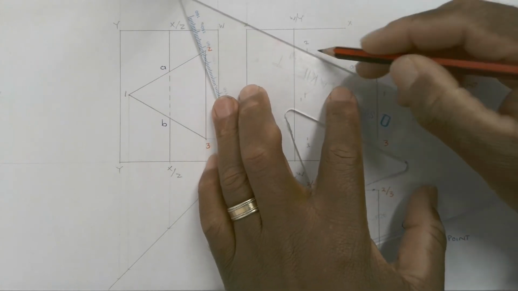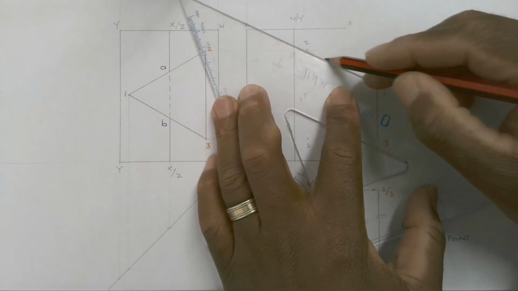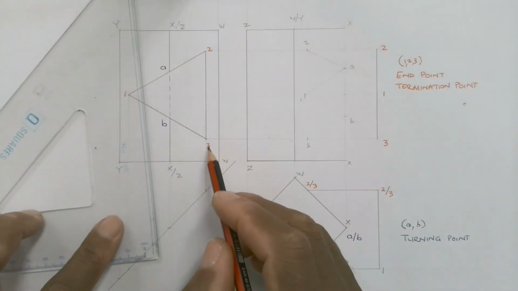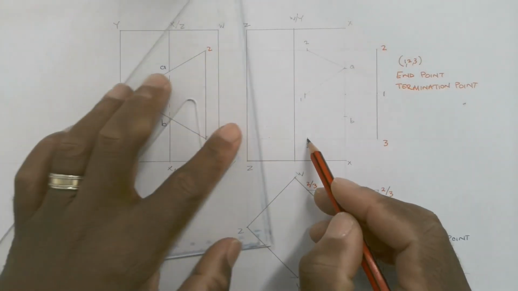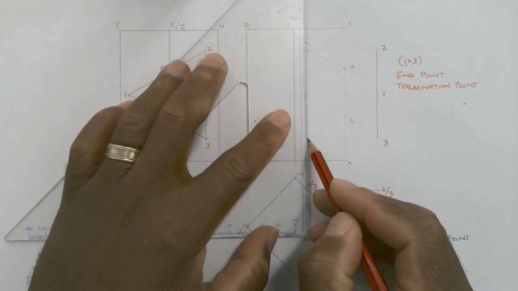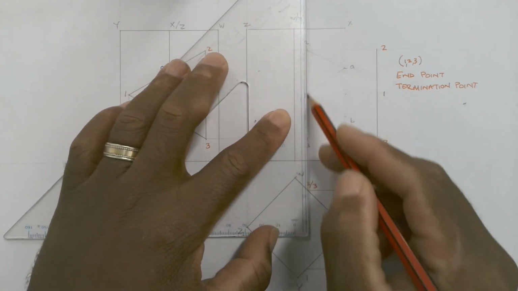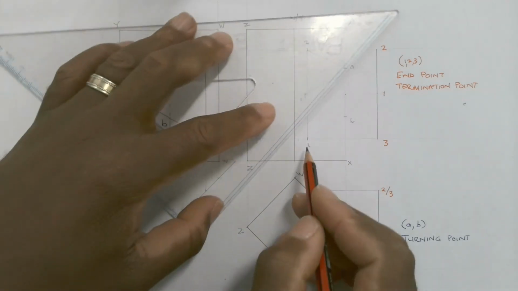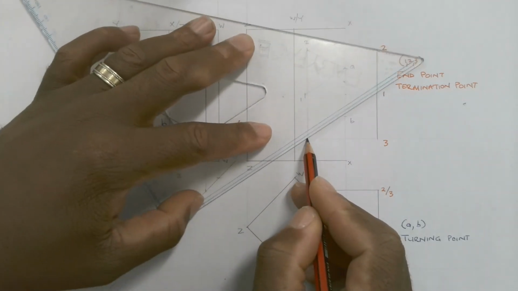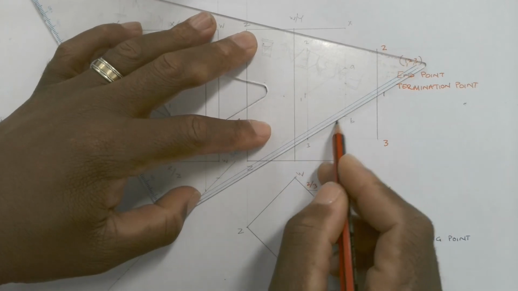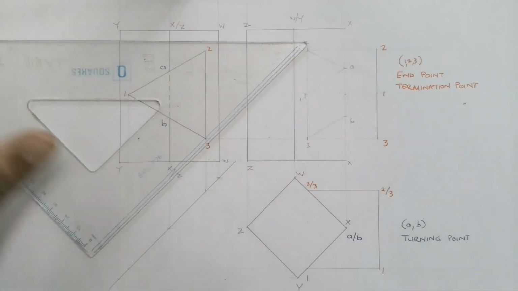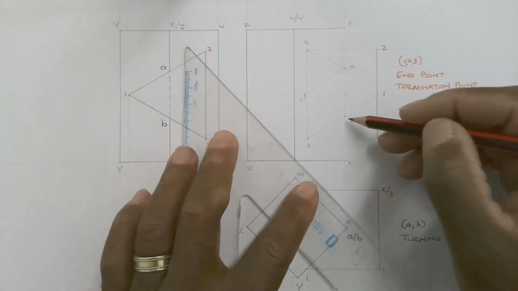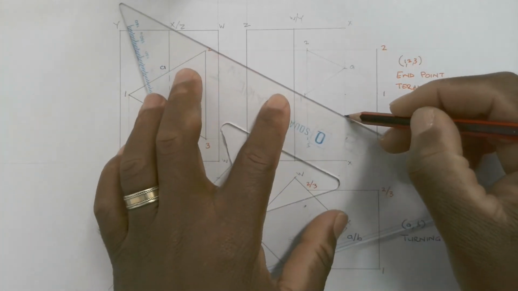From 2, we go to number 3. Remember, this is 2 to 3. Light. From 3, we go to B. From B, we go back to 1.